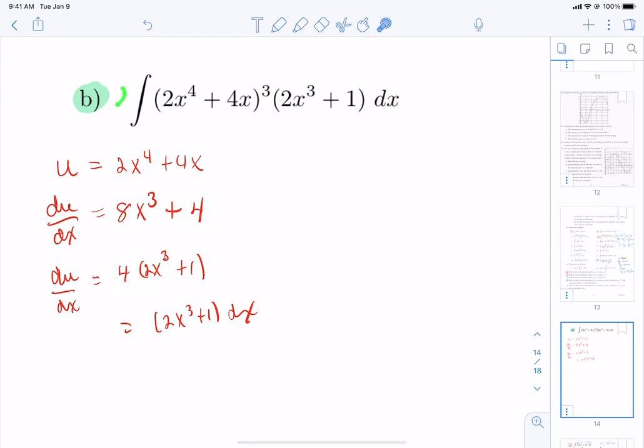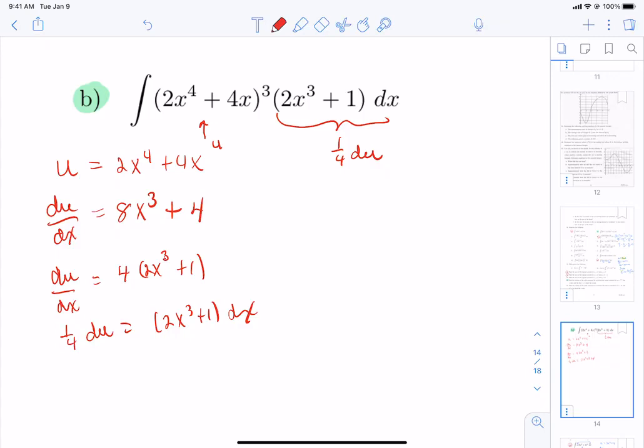There's no extra little 4 sitting in the problem. So how do we do that? Well, we make it a 1/4 du on the right side. So what do we know? Well, this is equivalent to 1/4 du. This is equivalent to u. So we know the exact substitutions to take out everything from the problem related to x and turn them into u's.